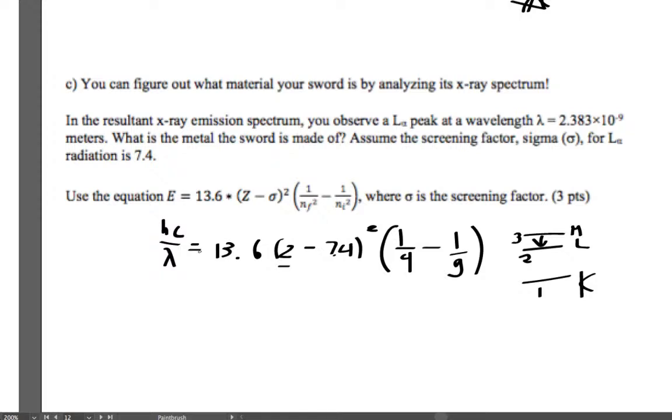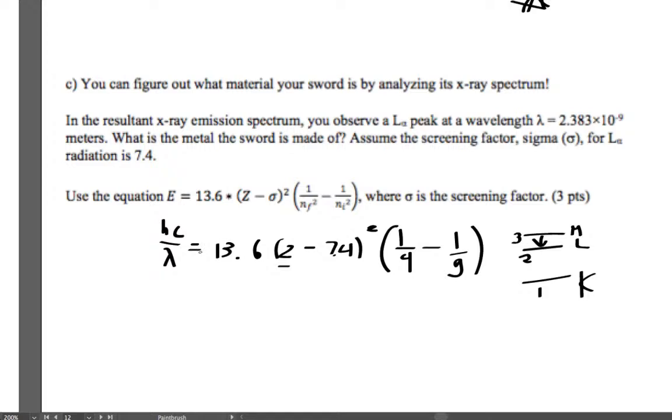We divide it by 13.6, so we have 38.2858976. After that we divide it again by the fraction 5 over 36, then take the square root of the answer, 16.6, and then add 7.4.